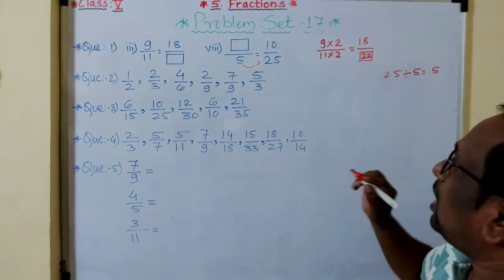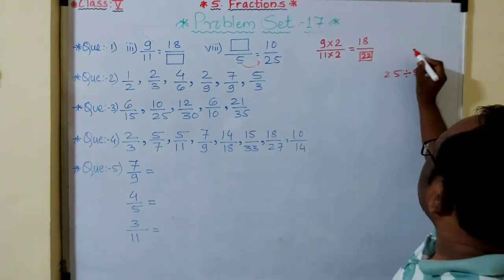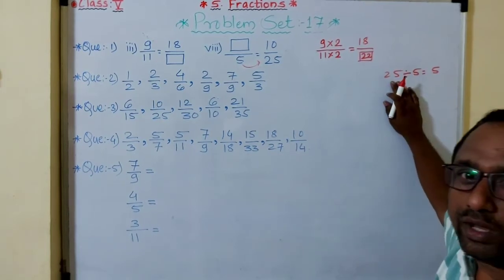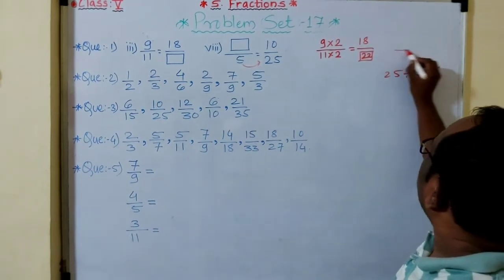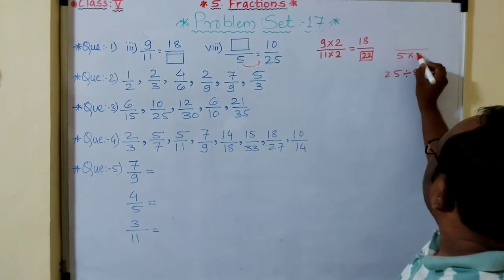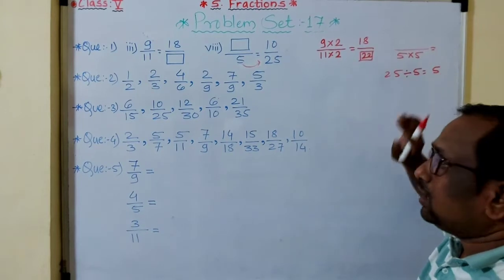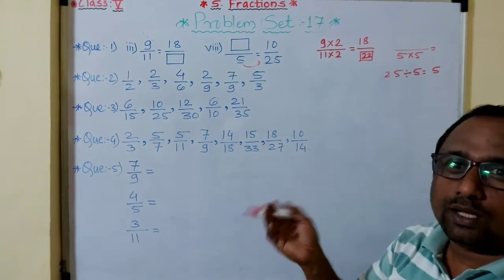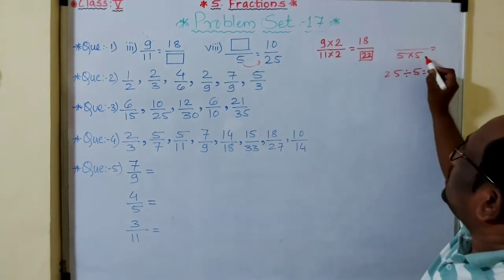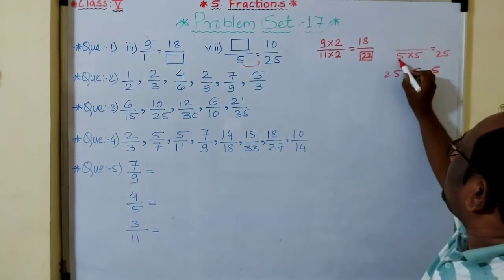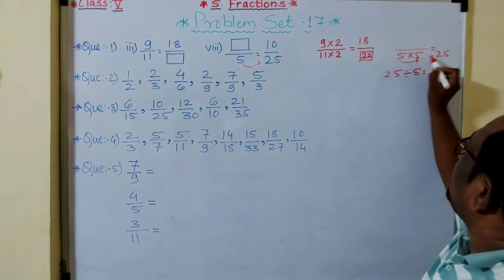Now students, you have to solve by the division way or by the multiplication way. I will tell the difference also, multiplication and division. 5 5s are 25. Now if I multiply 5 by 5, then we get 25.